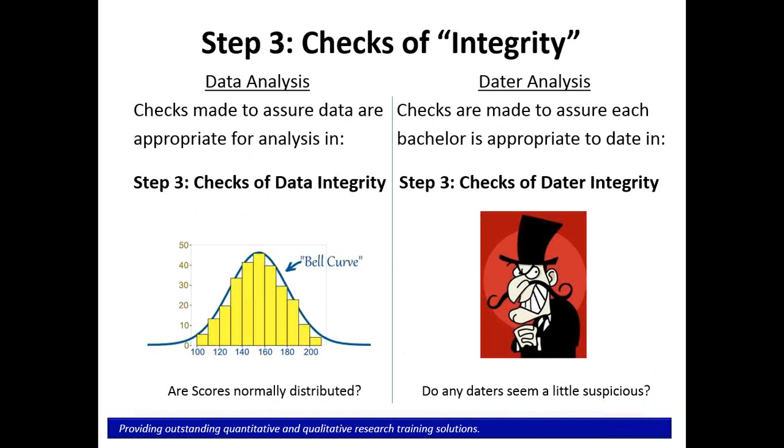With the Bachelorette, step 3 was check of data integrity: do the daters have integrity, as in, are they appropriate for the show? Are they appropriate for dating? The same thing with data analysis on the left. Step 3 is checks of data integrity, and that's looking at the same thing. Are the data appropriate for our statistical analysis? We're looking at the very same thing in both cases.